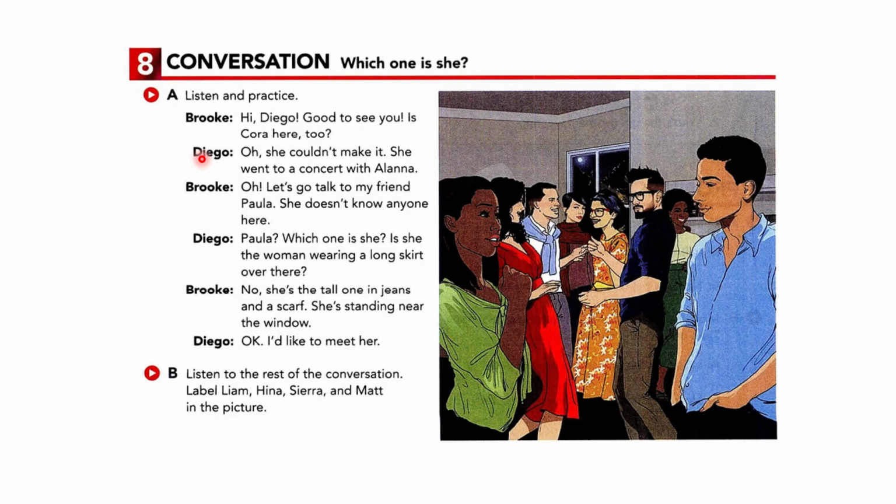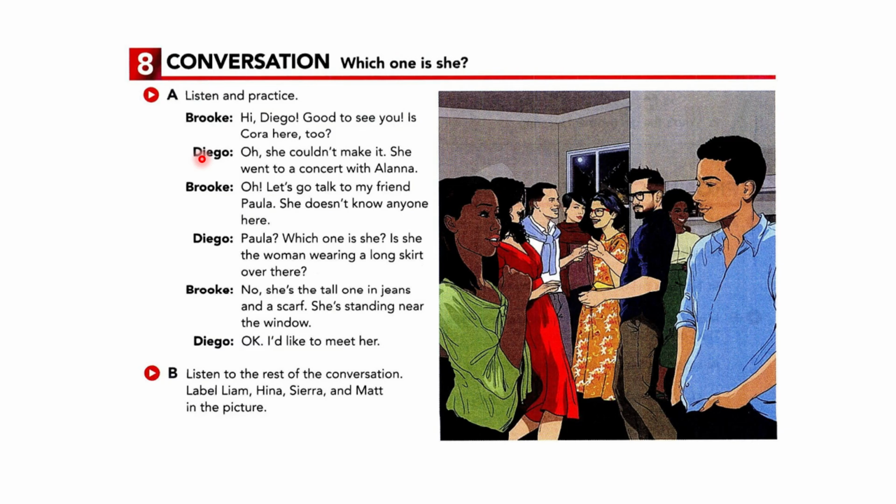Hi Diego, good to see you. Is Cora here too? Oh, she couldn't make it. She went to a concert with Alana. Oh, let's go talk to my friend Paula, she doesn't know anyone here. Which one is she?